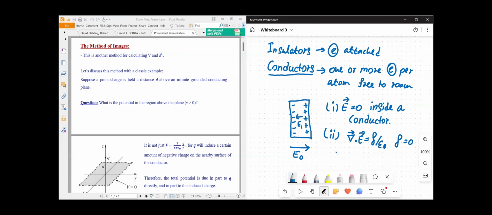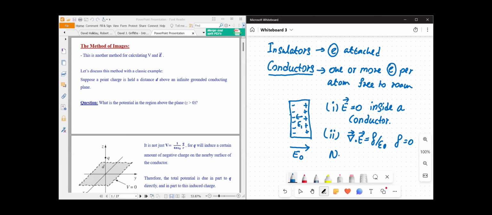Positive and negative are balanced. Therefore, the net charge density inside this conductor is 0, and any excess charges are on the surface of the conductor.